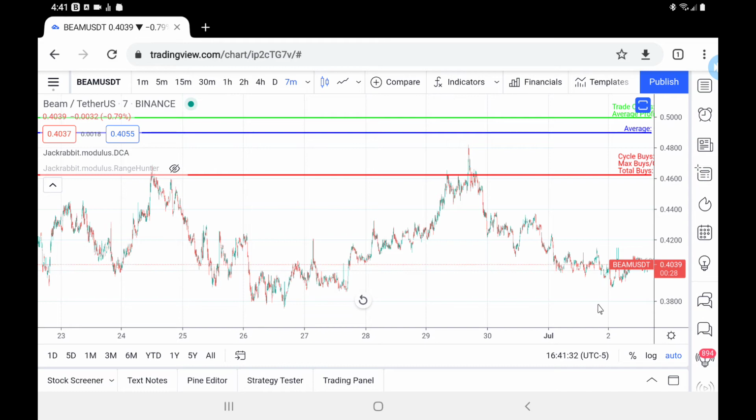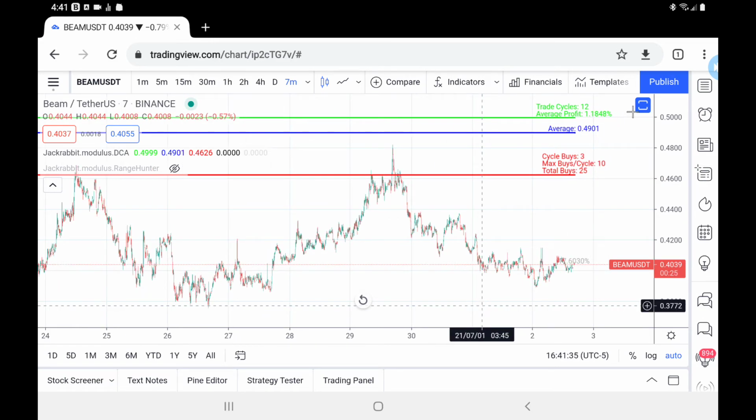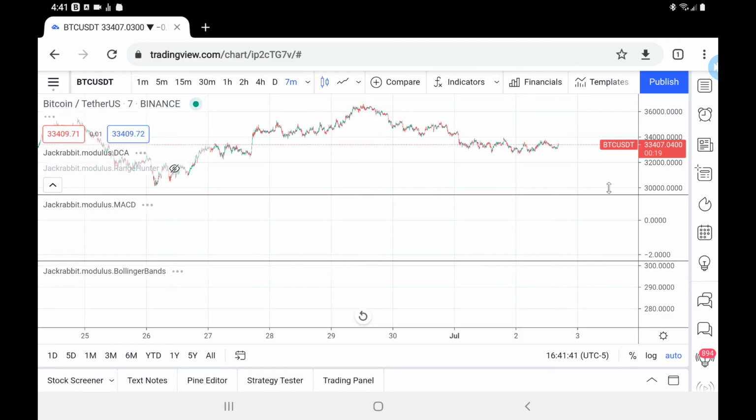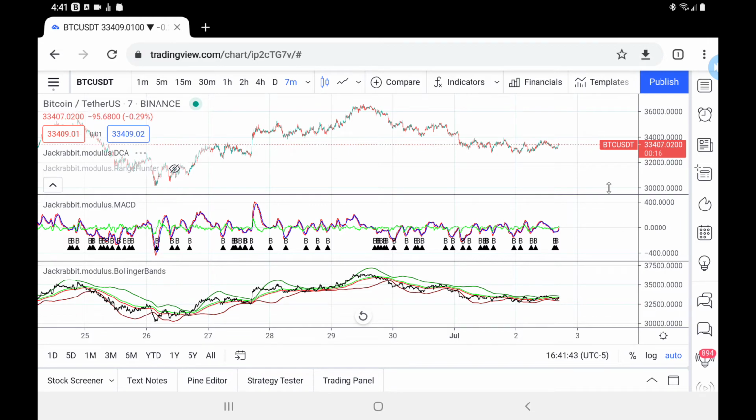As always, not every coin is going to be a good choice. Some coins aren't. Some coins are just difficult no matter what.